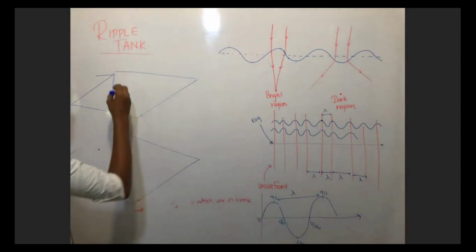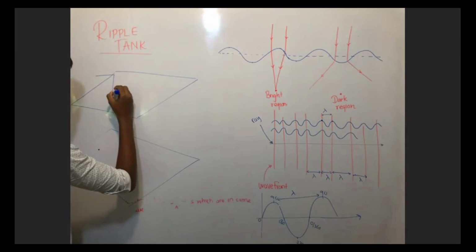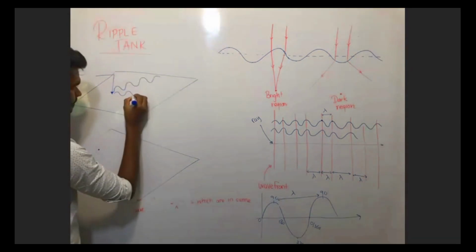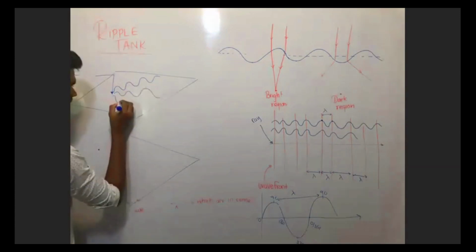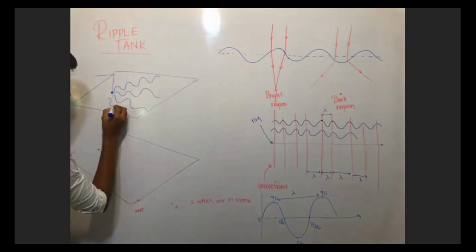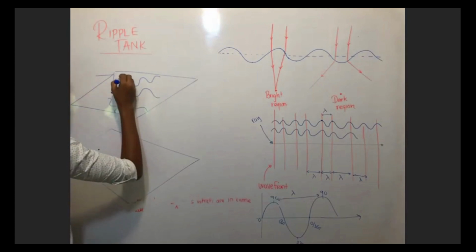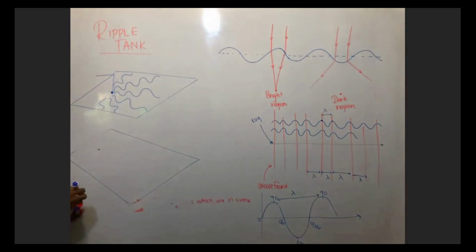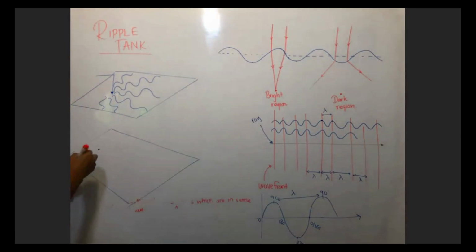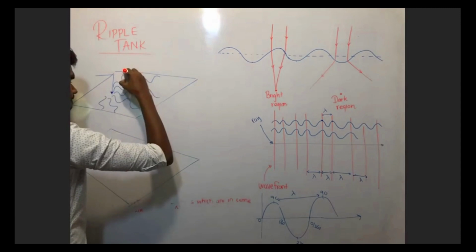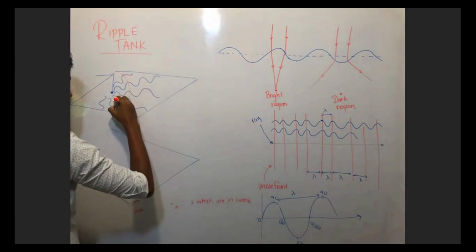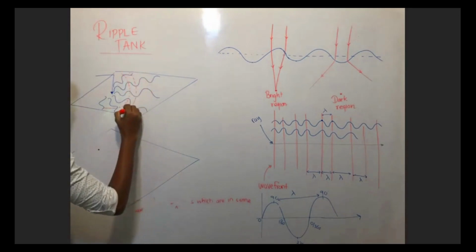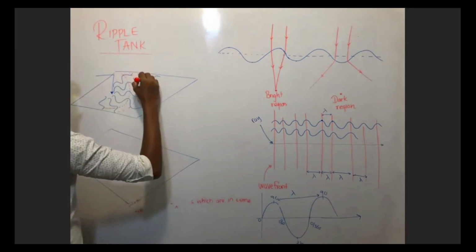So the wavefronts will move how? This is one wave. This is another wave. This is another wave. Likewise, all these crests, joints, these troughs, joints, these crests.